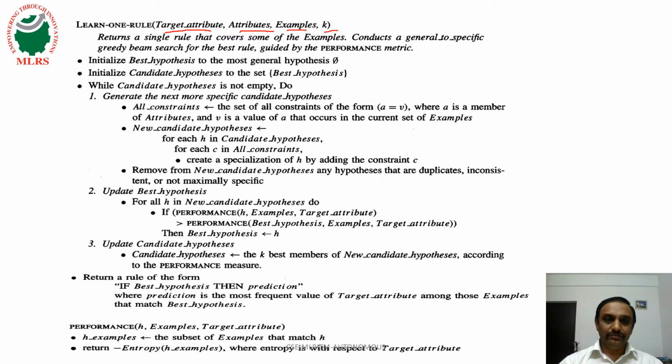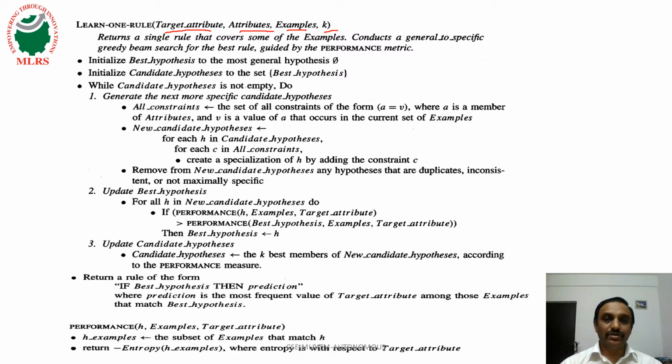So here first we have to take the best rule. Learn one rule means not only learning a simple rule, we have to find out the best hypothesis, the best rule from the existing rules.